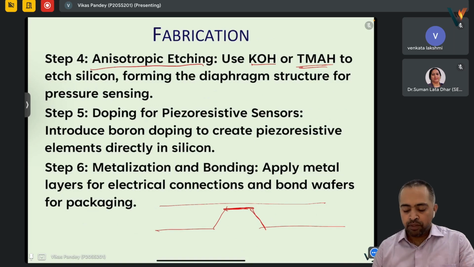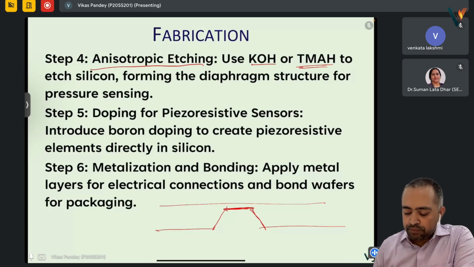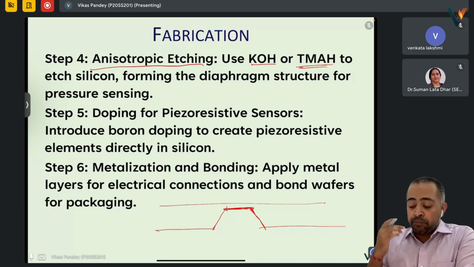The reason being, we know that TMAH and KOH etch the 1 0 0 and 1 1 0 planes, but the 1 1 1 plane is not etched easily. That's why we'll see a slanted structure, and as such, we will make a membrane.